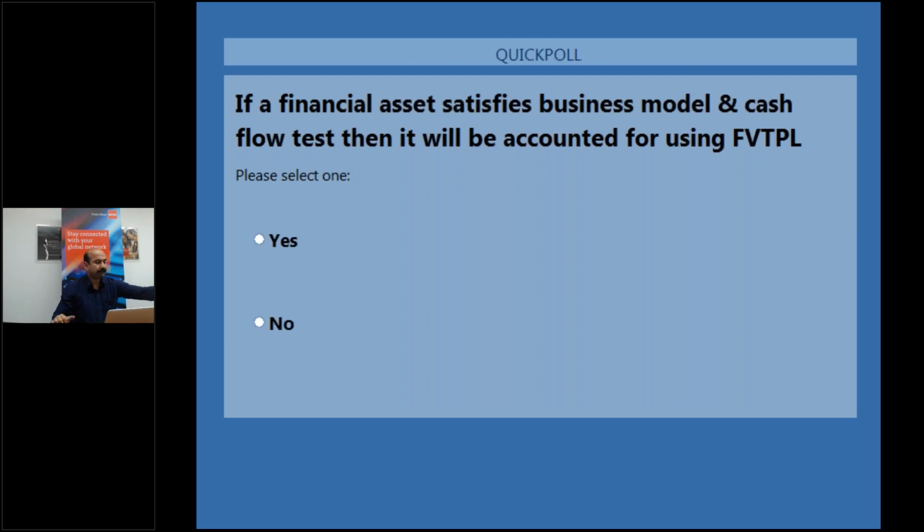Let me write another question. Only 45 seconds left now. We have so far 13% people who have voted for this poll question. Please wake up and please participate.